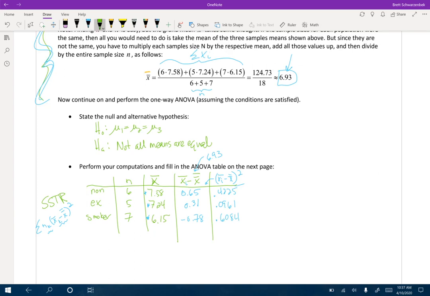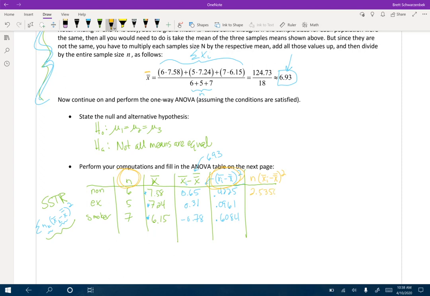All right, so if we have all of that, the last step is finding the formula. Let me just highlight it: it's taking this column and this column and multiplying them together. So n times (x bar i minus x bar bar) squared. Our first value is 6 times 0.4225, which gives us 2.5350.